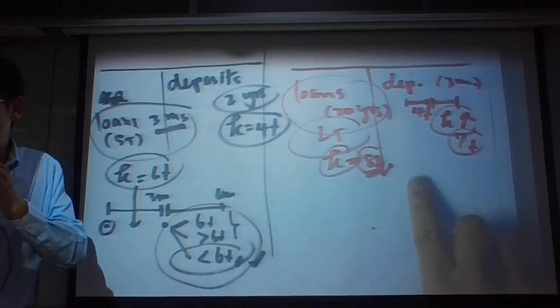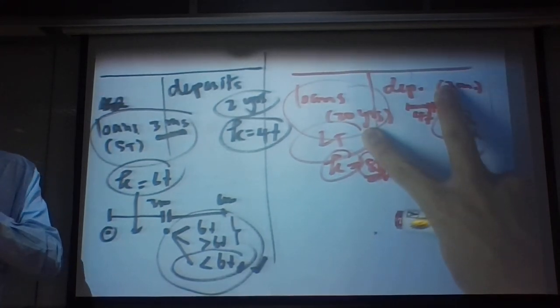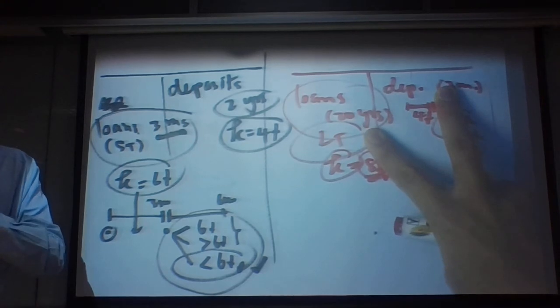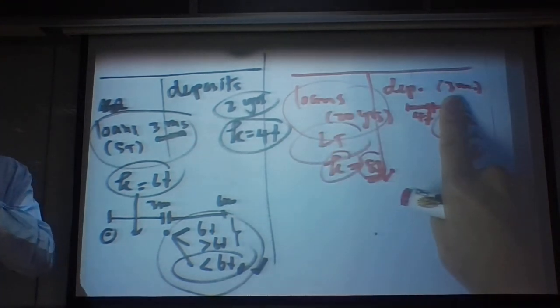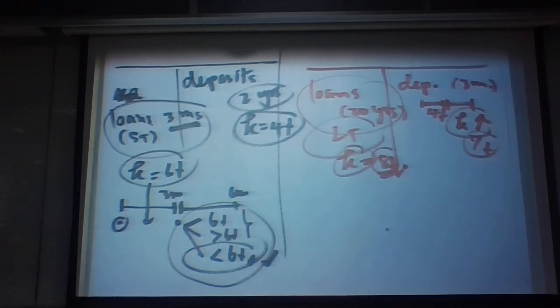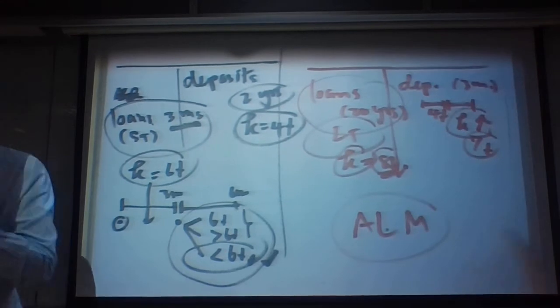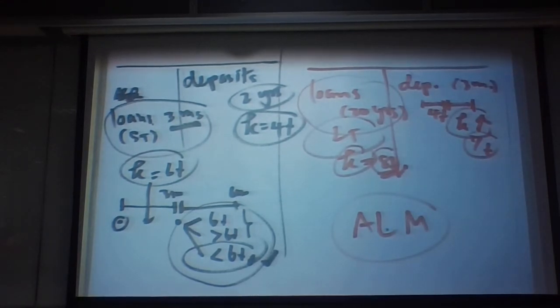But I'm using this example to show you that whenever there is a mismatch of the maturities of assets and funds, that's a problem. You need to learn asset liability management, and this is offered in FN311, Financial Institutions Management.